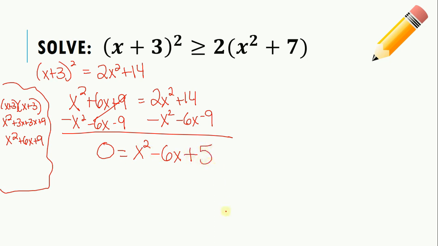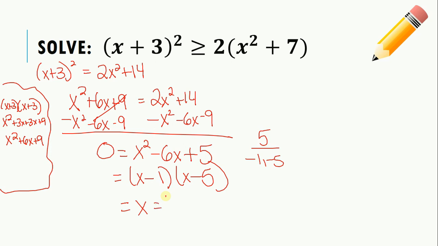Positive 5. So I'm looking for numbers that multiply to give us 5, but add together to give us negative 6. Negative 1 and negative 5, it looks like. So I'll be at x minus 1, x minus 5. AKA x can be 1 or x can be 5.